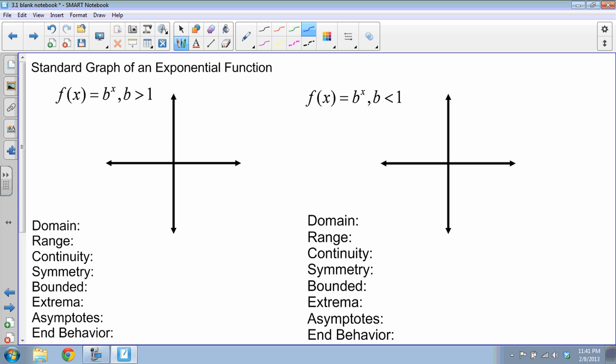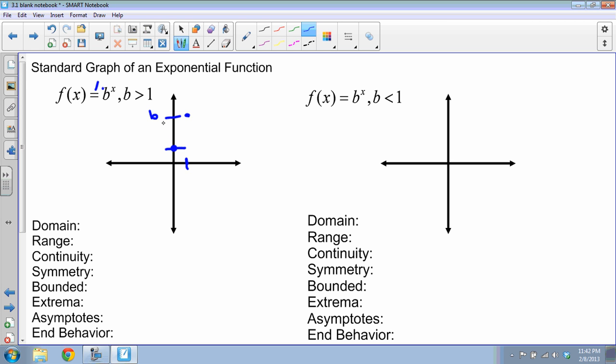So for b to the x, if I don't have an a in front, that's really like there's a 1 in front. Our initial value on this problem is going to be 1, so I would put a tick mark and a point at 1. Whenever I plug in 1 here, b to the first power is b. We don't necessarily have to know what that b is, but somewhere there's going to be a b, and that's where we are at 1.